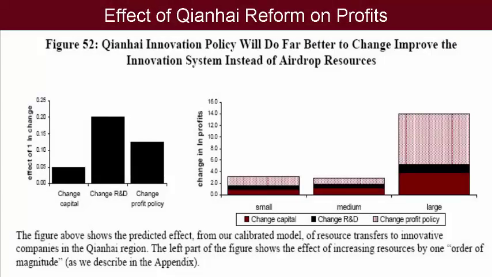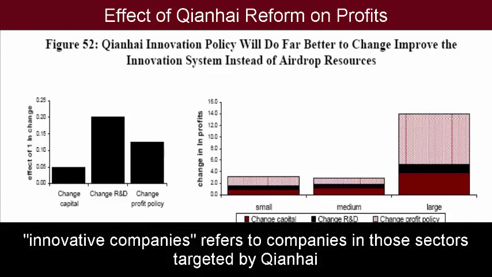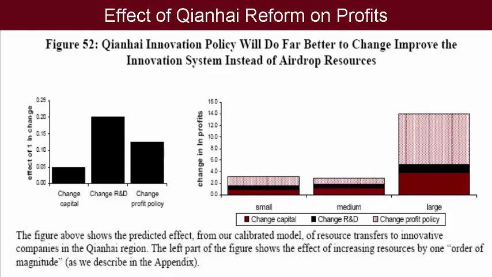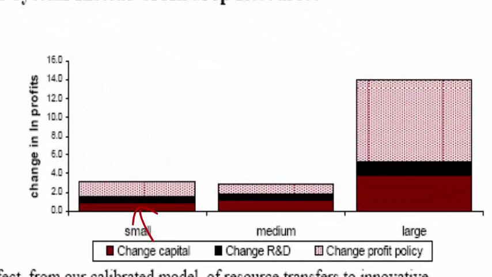The infographic we see in front of us shows the effect on profits of innovative companies in the Qianhai region as they receive more capital, as they engage in more R&D spending, and as policies which affect their profitability change. And what we see is that endowing these companies with more capital would have the lowest impact on profitability.